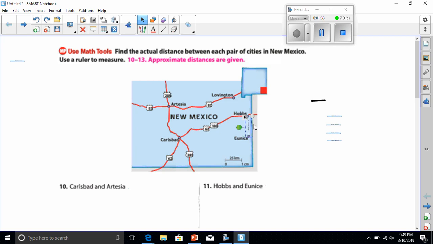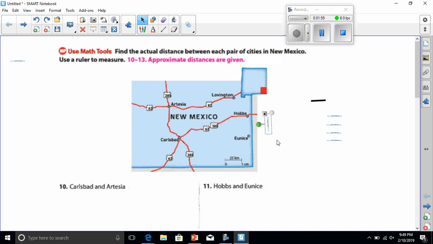From Hobbs to Unix, really it's about one centimeter, which equals 25 kilometers. Everyone can see that it's close to one. It might be maybe one a little bit, but we're just going to say one.